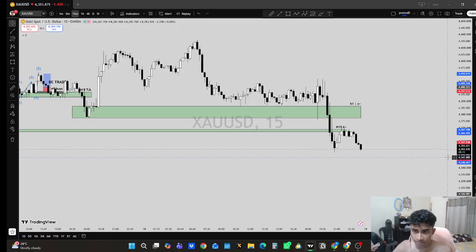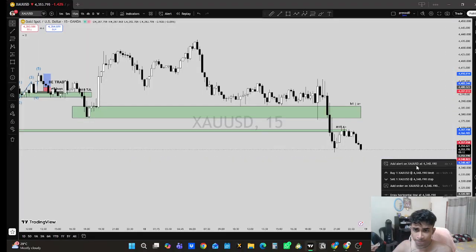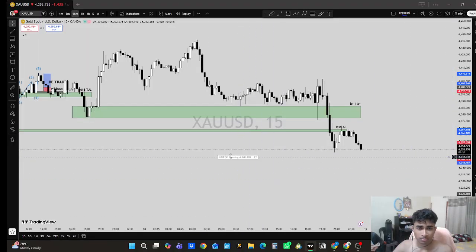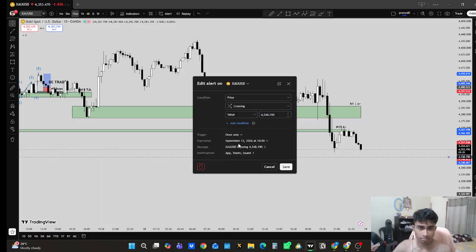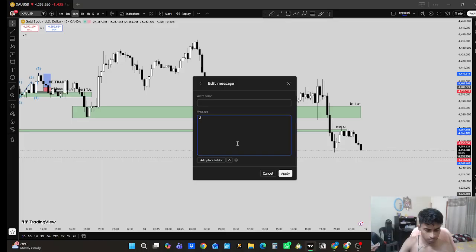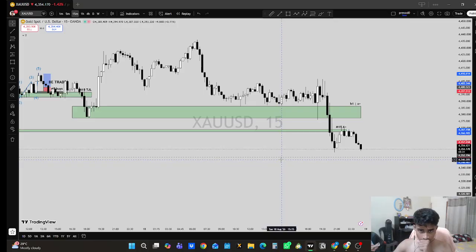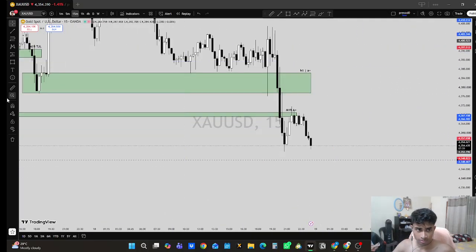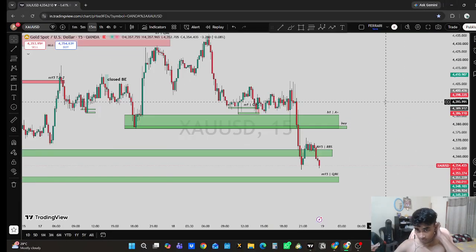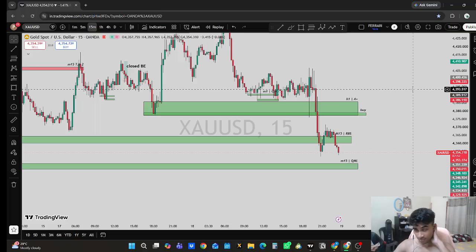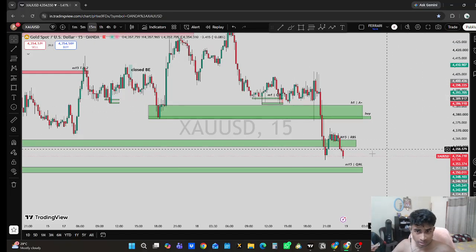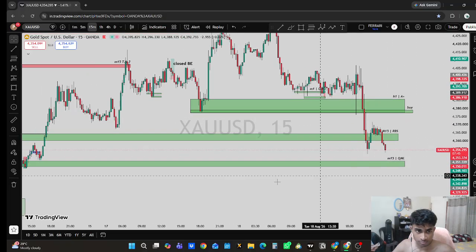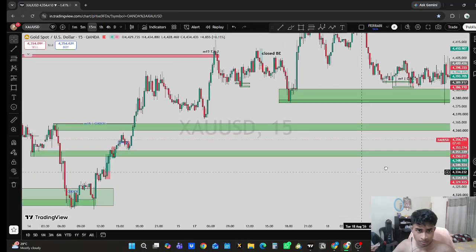So this is our M15 QML, right? How much range? Only 60 pips. But since this is really off our trading time, I think market will take a long time to get to this destination. But no problem. We will see.